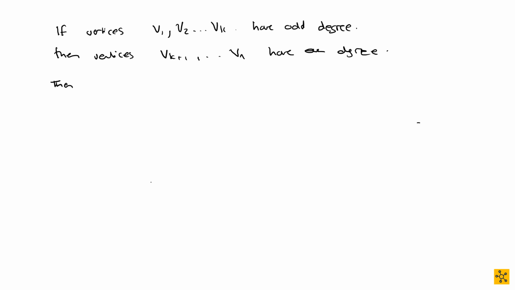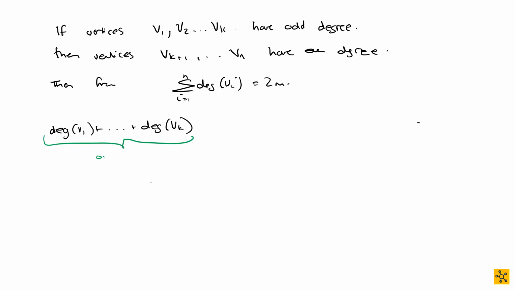So then from the summation i equals 1 to n, the degree of vi is equal to 2 times m. We then have the degree of v1 plus all the way to the degree of vk. So those are your odd degree vertices. And then you have plus the degree of vk plus 1 all the way to the degree of vn.